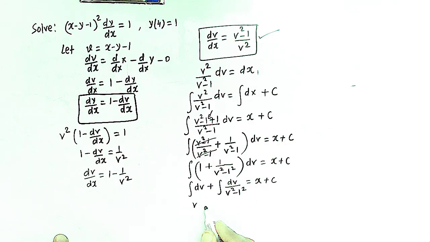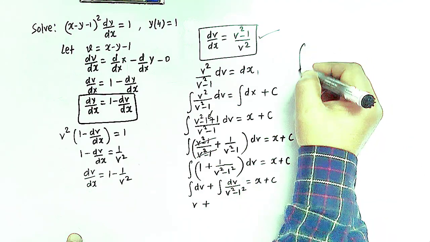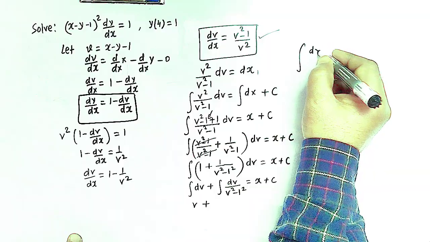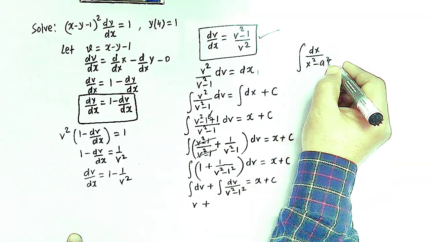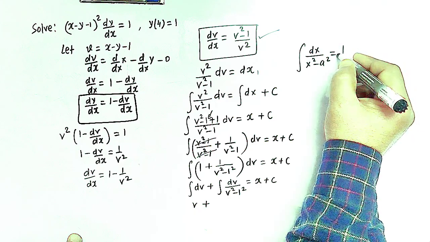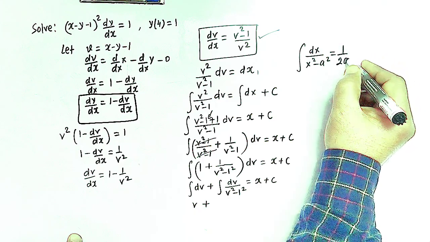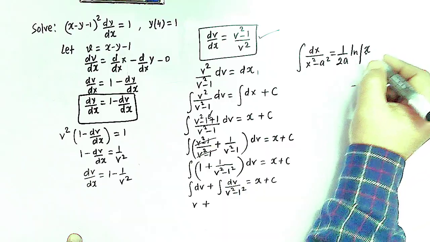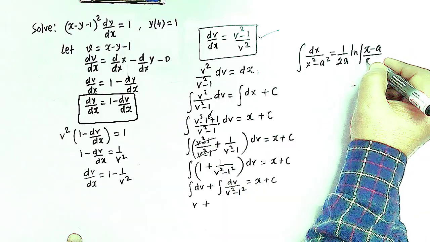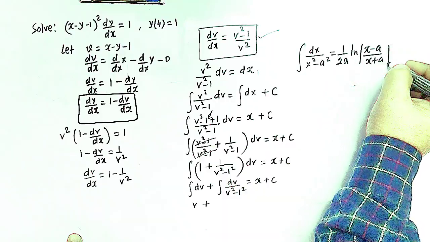So here we have simply v, and here to write the integral, we have to make use of this standard result, that is integral dx over x square minus a square is given by 1 over 2a, and log of absolute value of x minus a over x plus a.